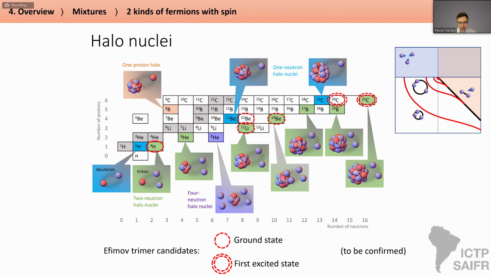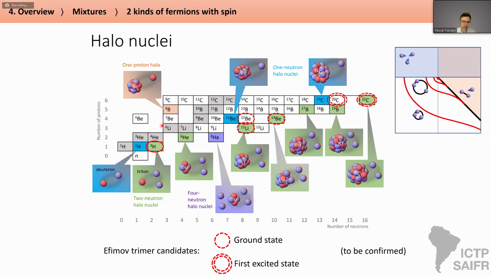In nuclear physics experiments, it was identified that among these observable nuclei, some of them have an unusually large mean radius and very small binding energies.